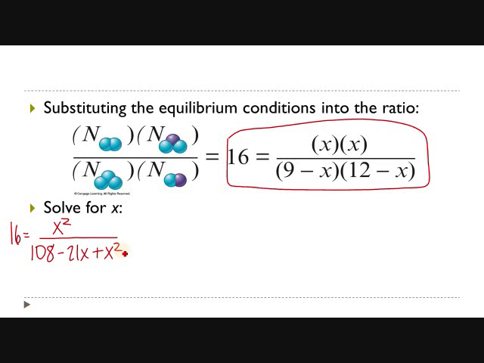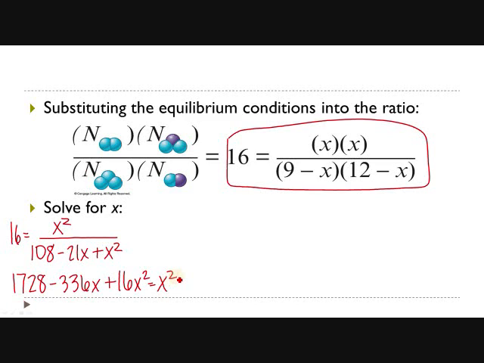Okay? And so then getting that denominator out of there and multiplying everything by 16, this is where the 1728 comes into play. Minus 336x plus 16x squared equals x squared.